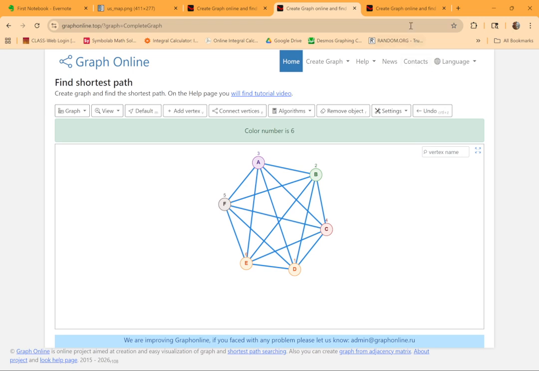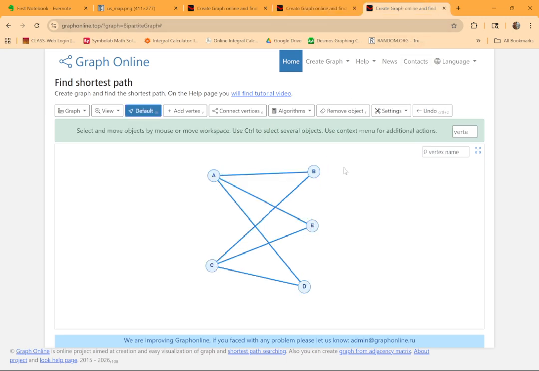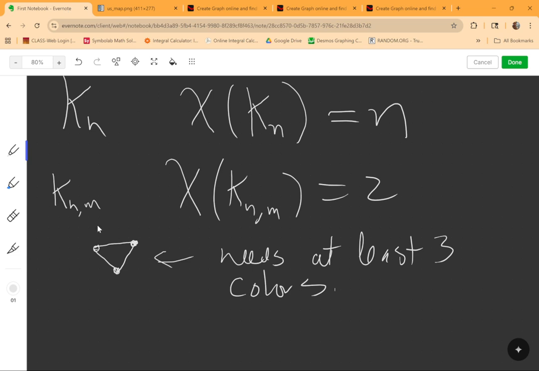Then in our third example we see we have a bipartite graph. A and C are one set of vertices, and B, E, and D are the other set. Actually, in general, let me go back to this. This is K_{k,m}, but it doesn't need to be complete, so this will work for any bipartite graph. Let me make a correction here.